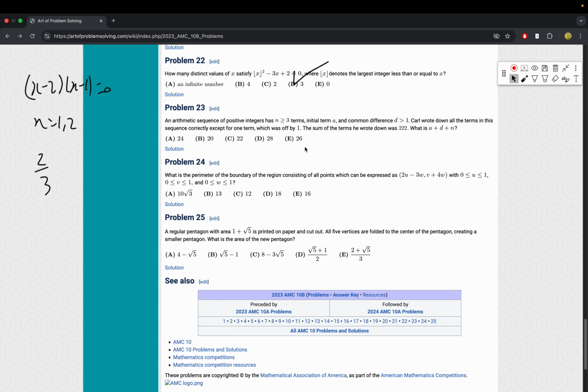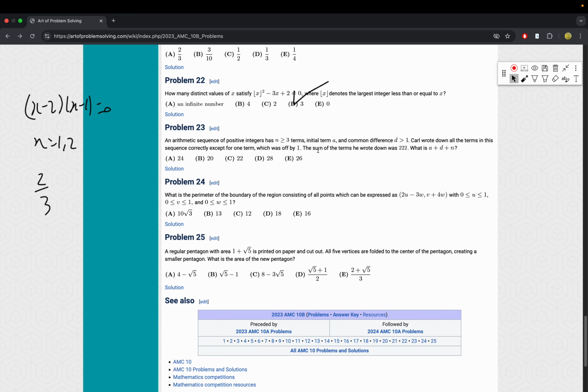Okay. I will take a little more moment. I couldn't see the solution yet, so I will check what I missed. 1 and 2 work.